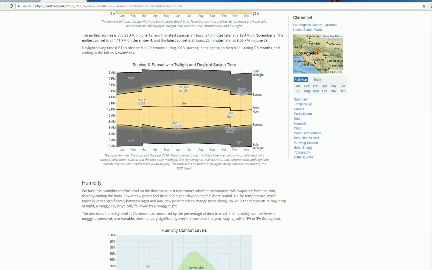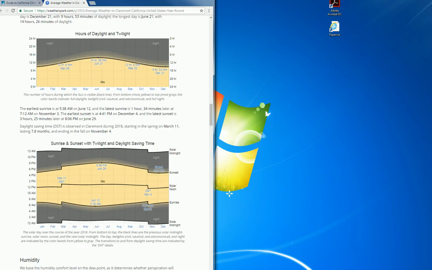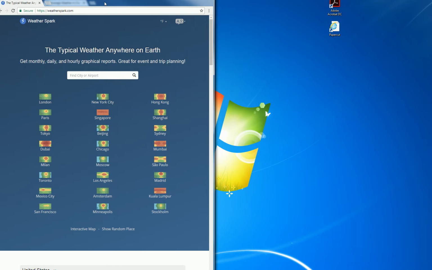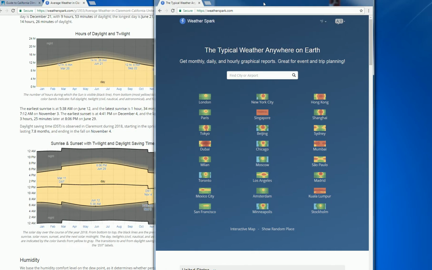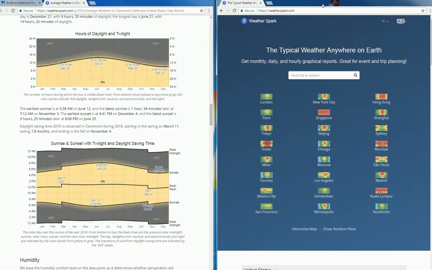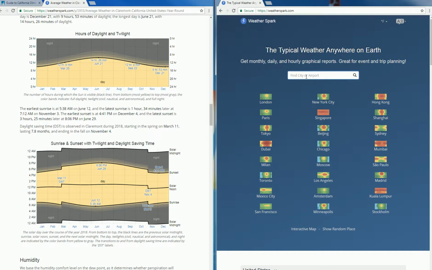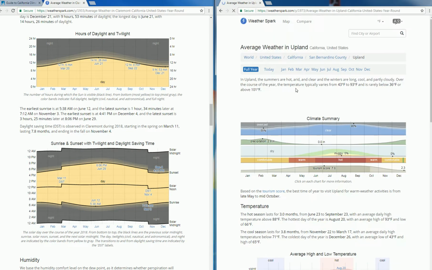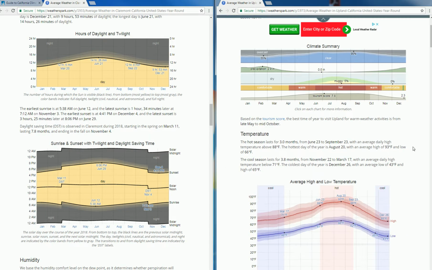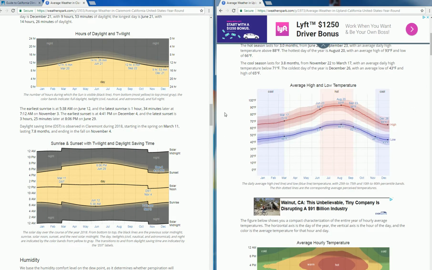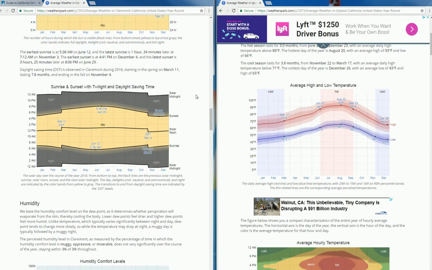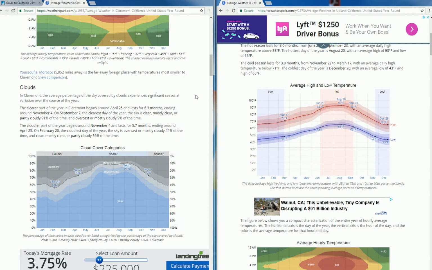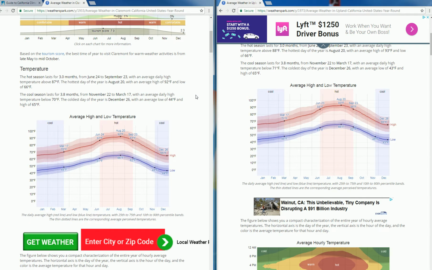I'm going to break this one off of here, put this one at the halfway point, and then bring this one back to the halfway point also and slide it over. All right, so I'm just going to scroll down here to the average temperatures. We'll put the two graphs side by side and take a look at them.